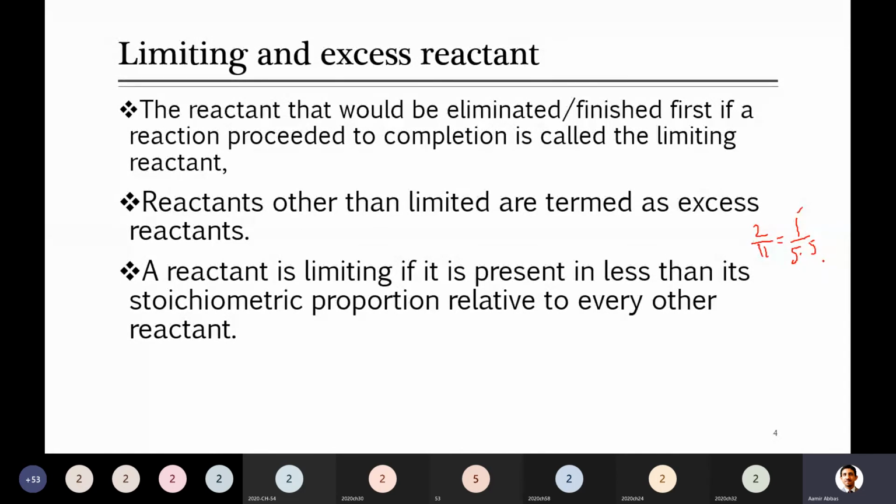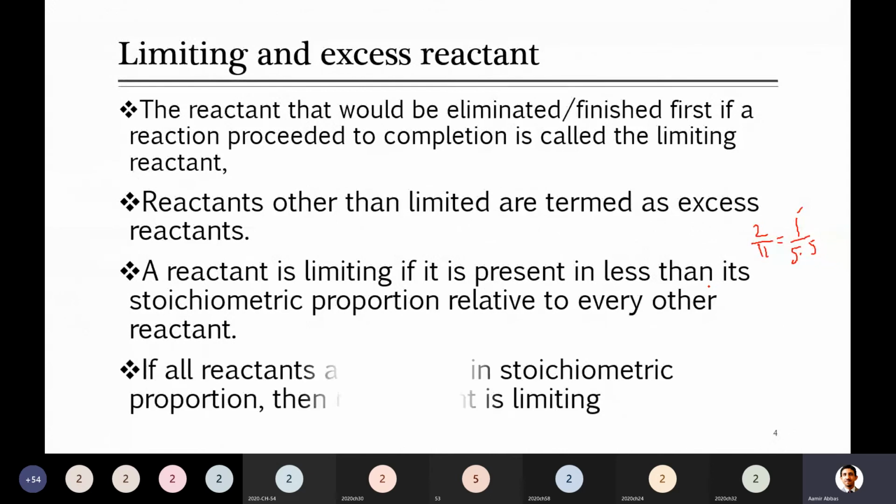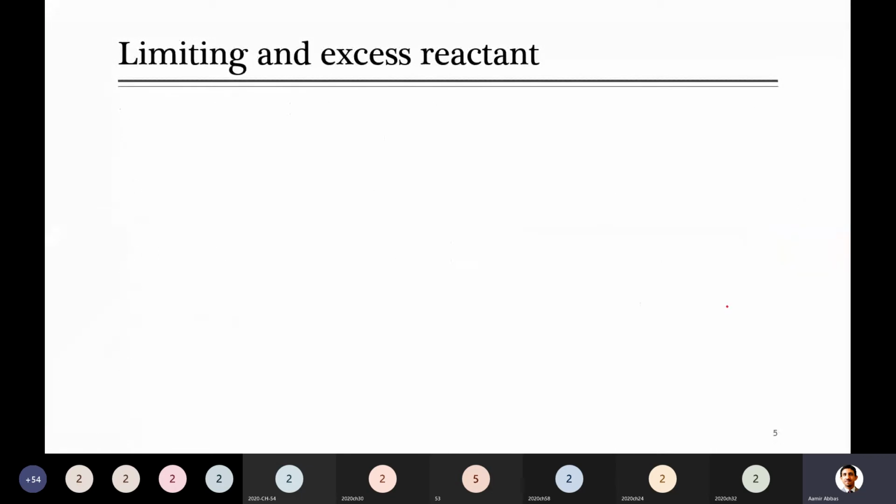For oxygen, as per the stoichiometric equation, this value should be 11, but it is less than that, so that means oxygen is the limiting reactant. If two reactants are already in a ratio equal to their stoichiometric coefficients, suppose 1 over 11, then none of them will be limiting in that case.